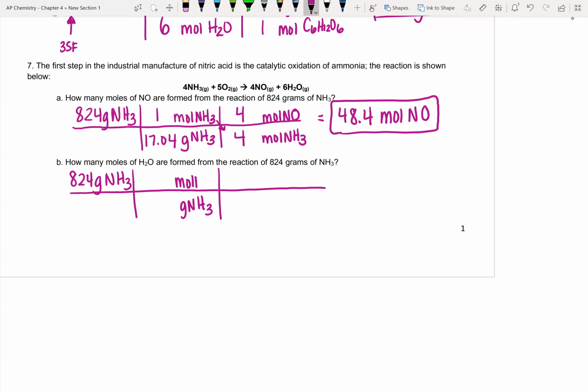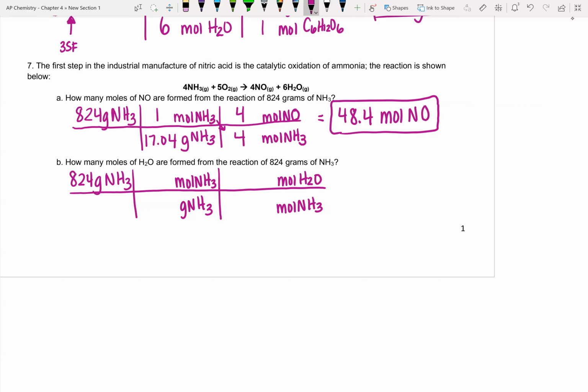We cancel those with the molar mass. So we're going to put grams in the denominator, moles in the numerator for ammonia. Drag those moles of ammonia down to the denominator. Now I can do my mole-to-mole ratio. Moles of water are going to now go into the numerator.